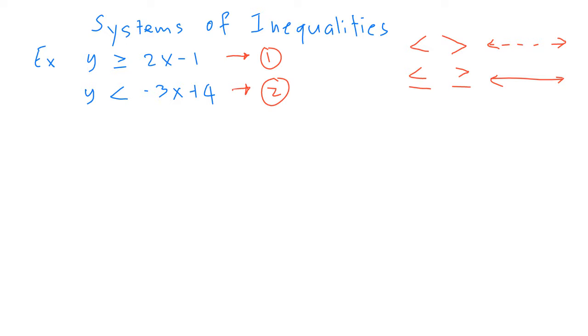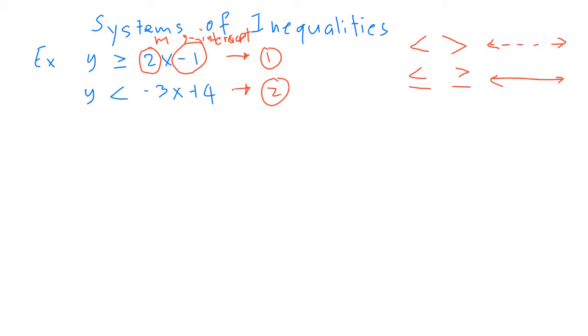Here on the first inequality, y is already isolated. So we know that our m here is 2, and our y-intercept is negative 1. So this is our y-intercept, that's a negative 1.